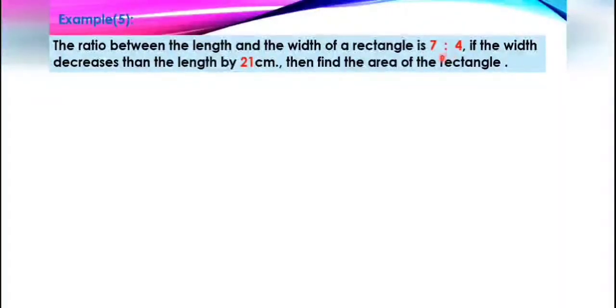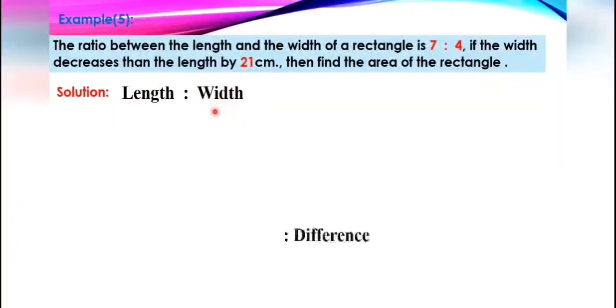So I have to search about the ratio. The ratio here is 7:4, and I have to keep its order as I said before. And here the keyword decreases. Decrease means difference. So I have to write first the head of the ratio and I will add the word difference. Why?